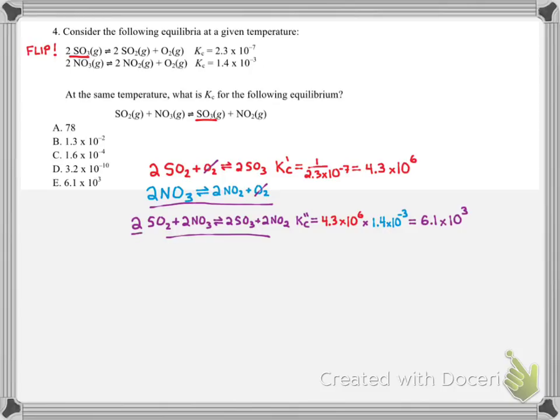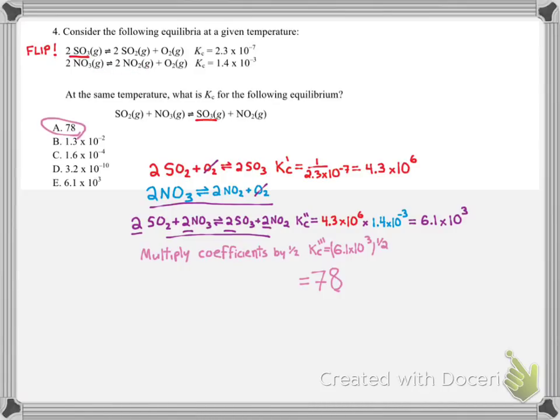Everything here is twice as much as everything in the reaction we're looking for. So we need to cut this all in half. So if we're cutting the coefficients in half, aka multiplying the coefficients by 1/2, what happens to our KEQ? We have to take it to the power of whatever we change the coefficients by. In this case, the 1/2. And we will get our answer, which is 78.